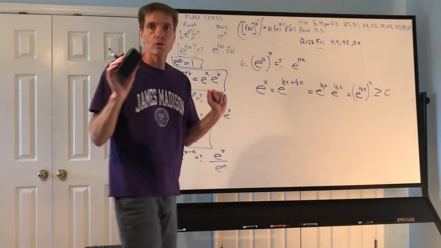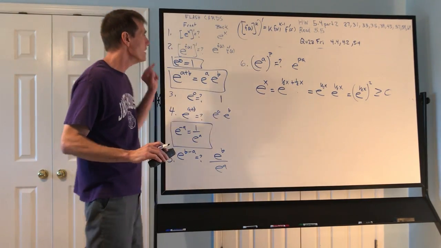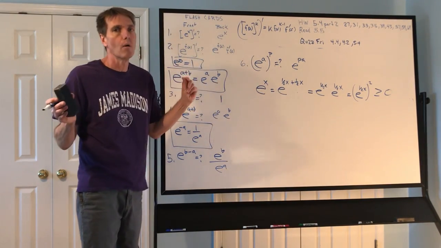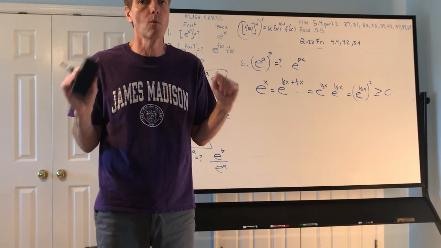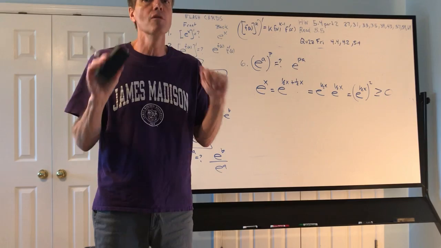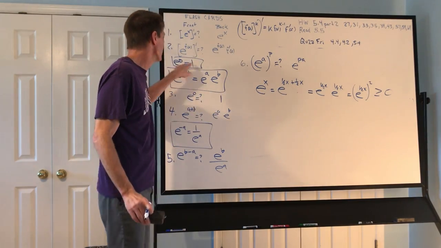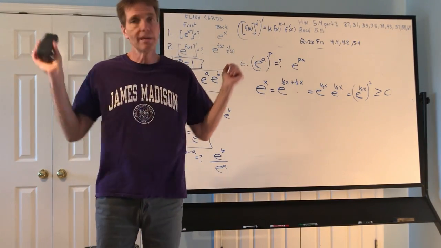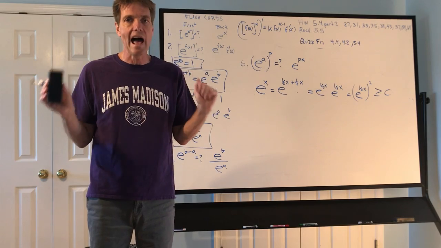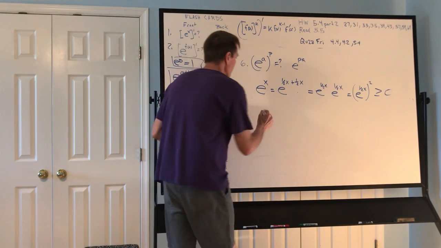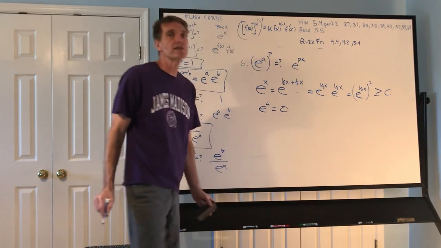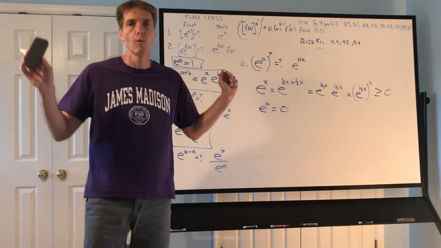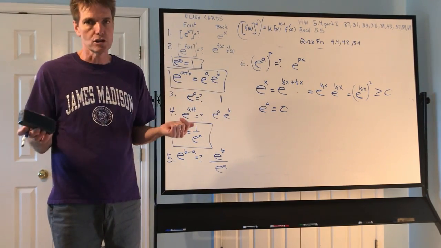Now we can argue, and I'm not going to do this here, that if e to any number is 0, then e to all numbers are 0. And we know that e to the 0 is equal to 1, and that we can't have. There's not going to be any real number where e raised to it is equal to 0. And if you really want to know why, just ask me, and I can show you why.